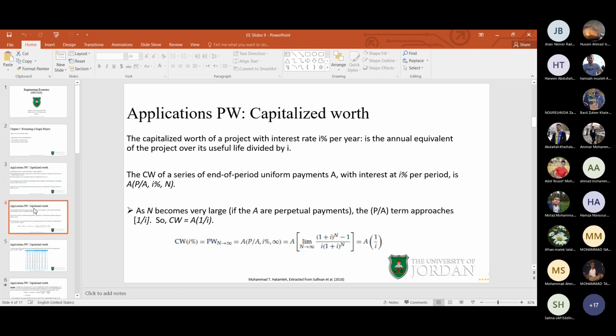Now, the capitalized worth of a project with an interest rate of i would be the annual equivalent of the project over its useful life divided by the interest rate.